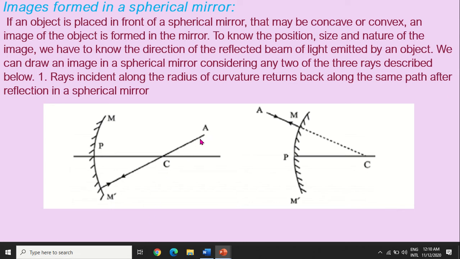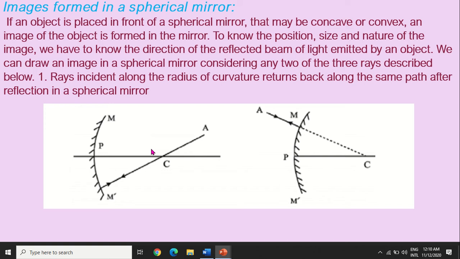Look, here the ray is incident on the spherical mirror along the radius of curvature. Then after reflection it will return back along the same path or same direction. Look, this is a convex mirror and this is a concave mirror. And here students, it is very important to know which one is a concave mirror and which one is a convex mirror.